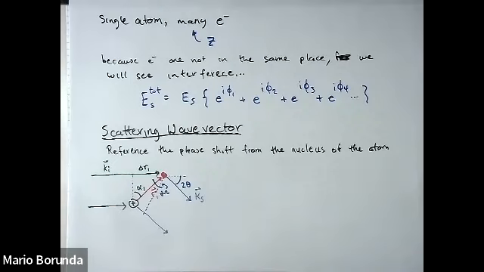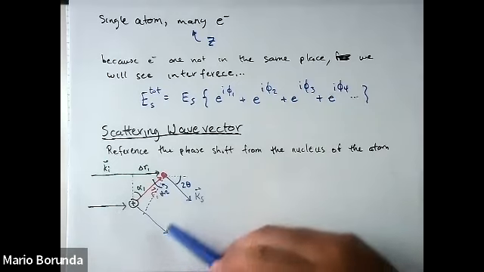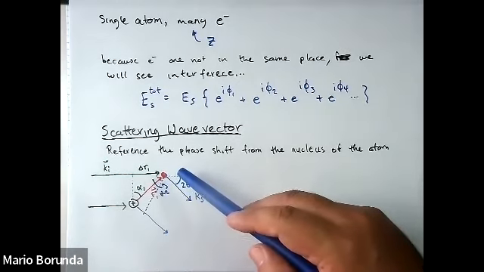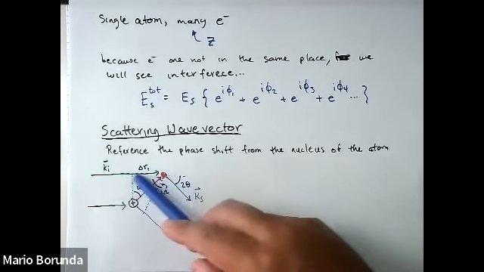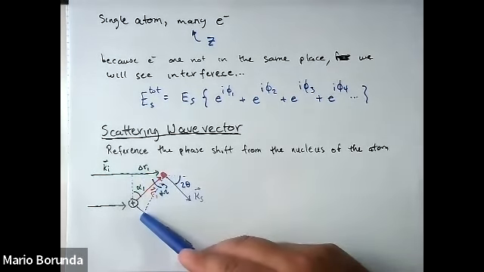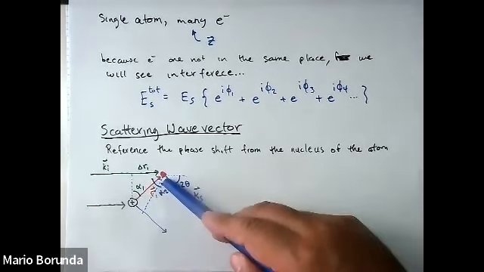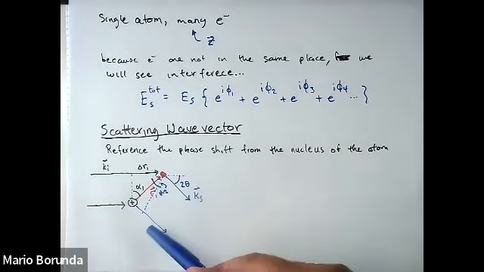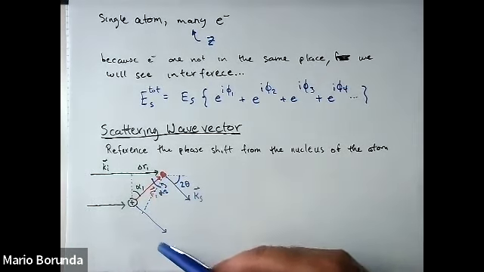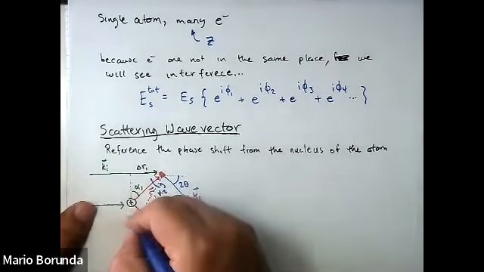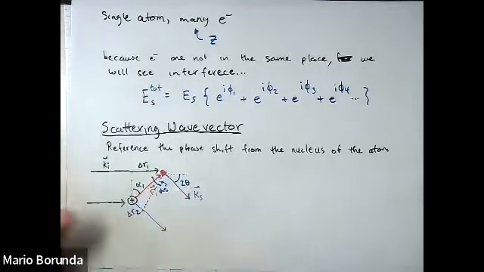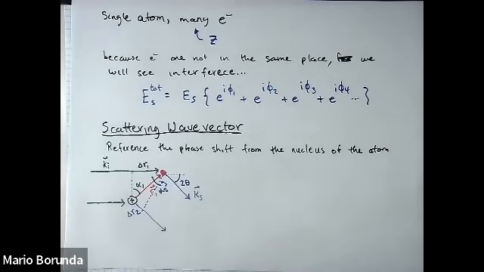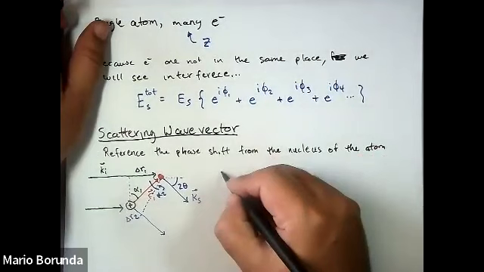All right, so the first thing is that there's this delta R1 right here. And then there's also this distance from here to here, this little distance right here, which I'm going to call delta R2. So for our phase shift, the path length difference, we can now write the path length difference between those two guys.